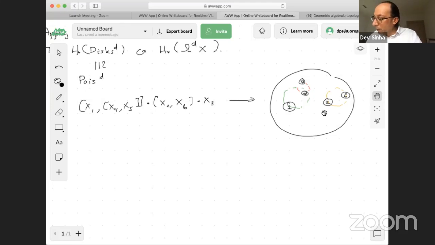And then 3 doesn't move. It's constant the whole time. So the degree is going to be, well, you give me 3 elements of the unit sphere in dimension d, so that's 3 times d minus 1, then we've got such a disk.